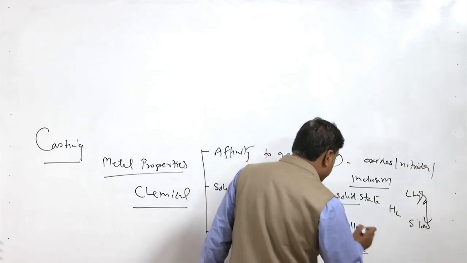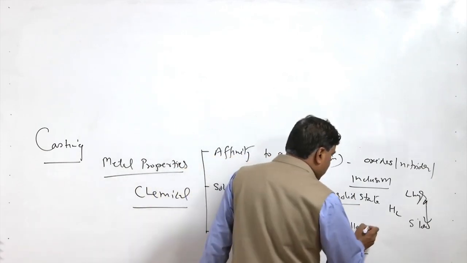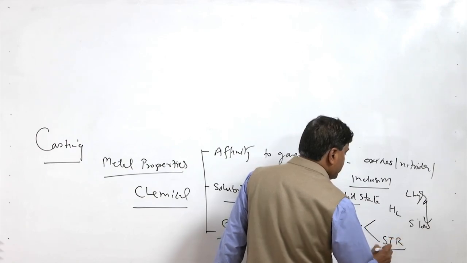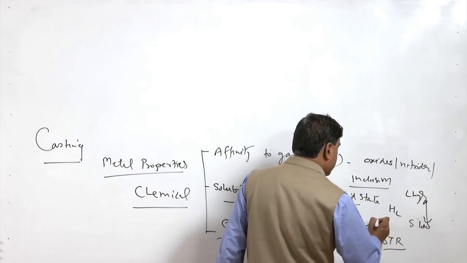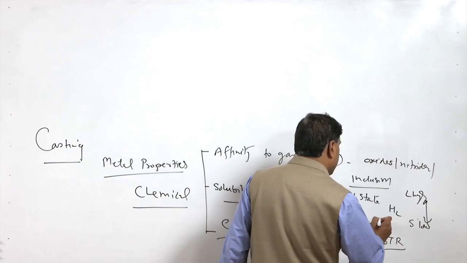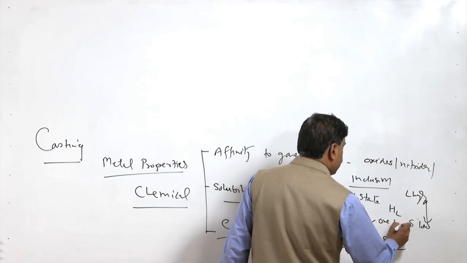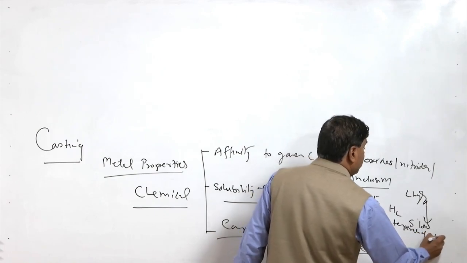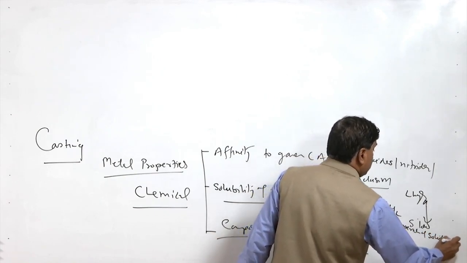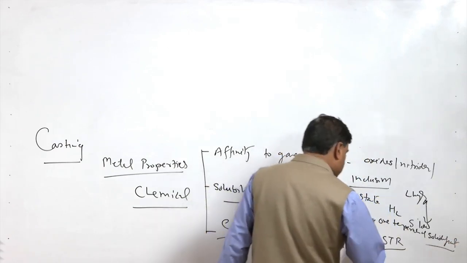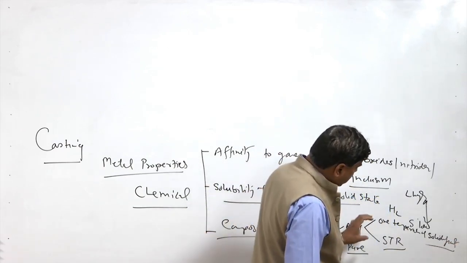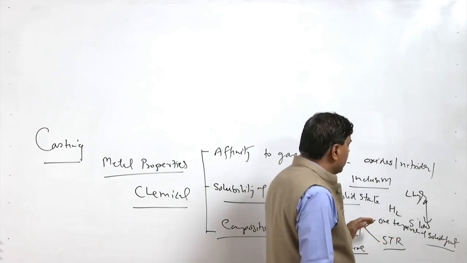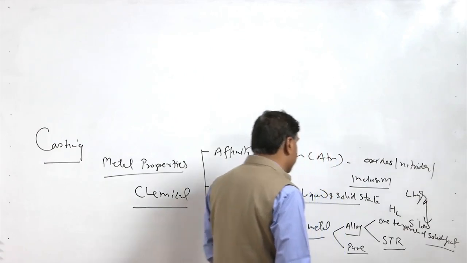We need to consider both cases separately. Alloys are also of two types: those having a solidification temperature range, or those with one temperature of solidification. So, there are alloys of two categories, where we have either a solidification temperature range, or the solidification occurs at one temperature.